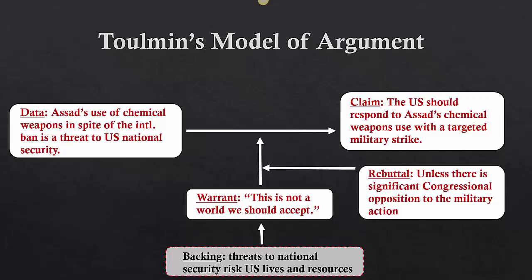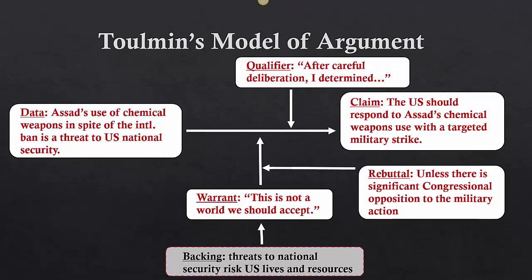Okay, so does he provide a qualifier? Well, he does. If you remember what he says right before he provides his claim is he provides this verbal qualification. After careful deliberation, I determined that, and then he provided the statement of his action, which is his claim in this case. So this counts as a qualifier because it tells you Obama's sense of how true the claim is. He determined that this claim is true after careful deliberation.